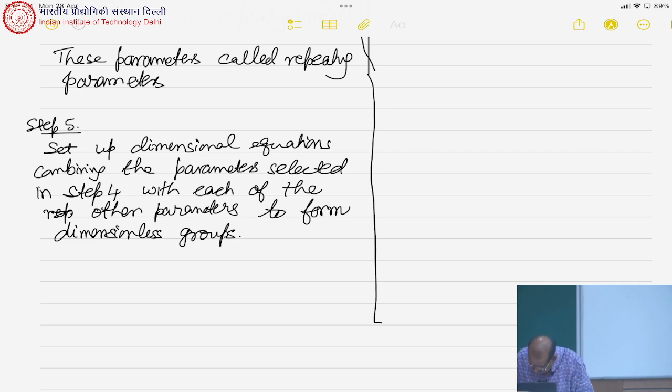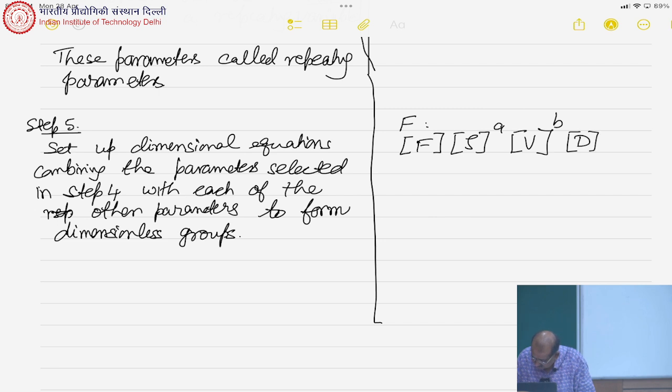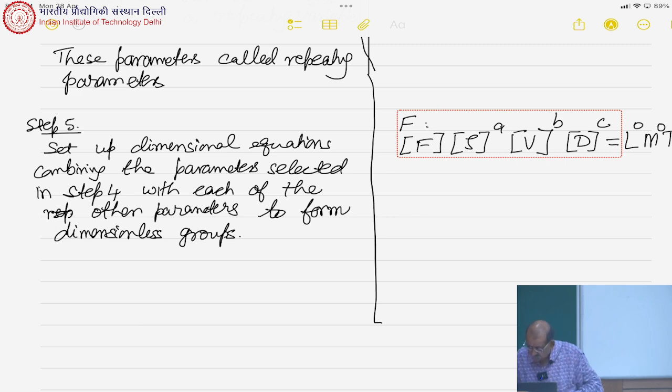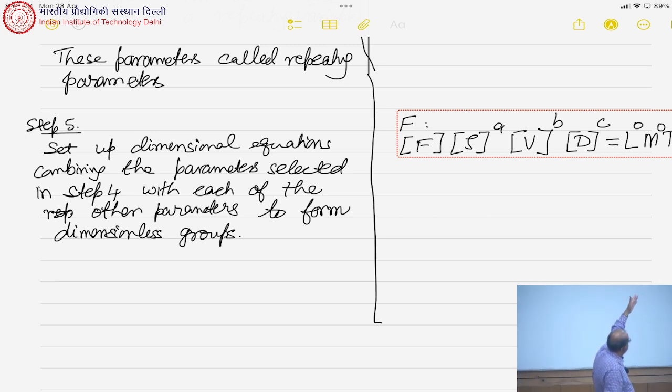So here again, we have F. What I will do is say the dimension of F times the dimension of rho to the power of A, V to the power of B, D to the power of C. If this has to be a dimensionless group, then A, B and C we have to determine by substituting these things, and let's see how to do it.